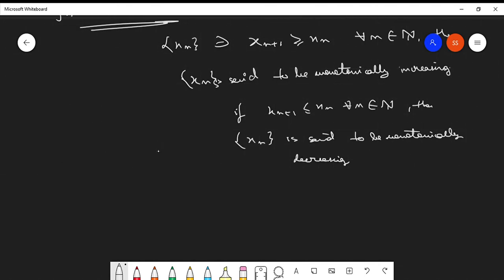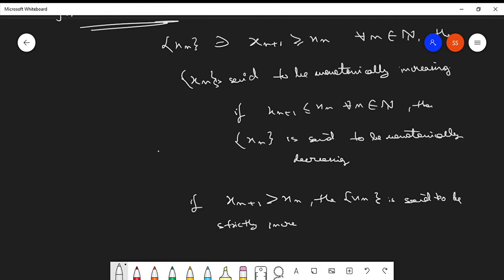If xn plus 1 is greater than xn, that is, the equality is no more there, then the sequence is said to be strictly increasing.